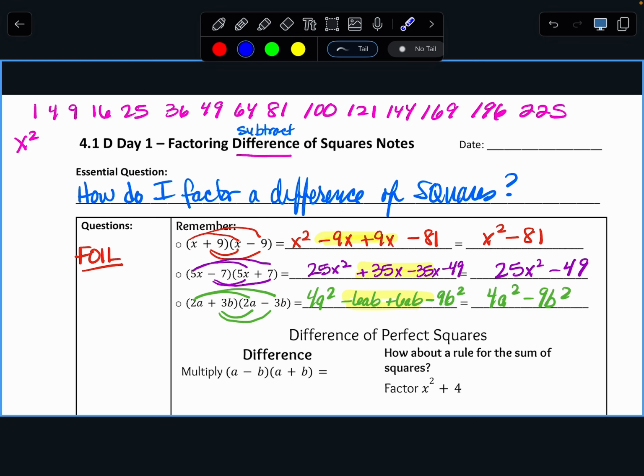So a difference of squares is just the square root of each of these with 1 negative and 1 positive. So the square root of 25, that's 5, and the square root of 49, that's 7, with 1 negative and 1 positive.